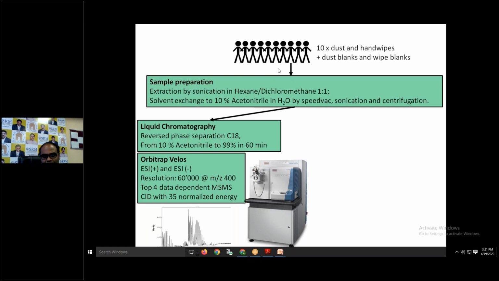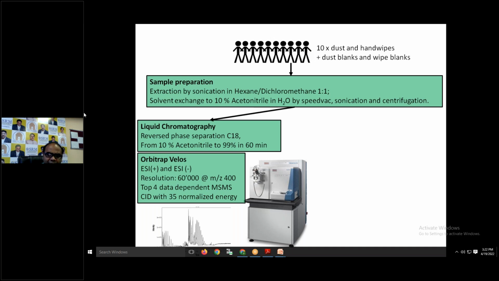They are inhaling, and whatever they are eliminating to the environment, we take that sample, maybe a saliva sample or sweat, or food exude, you can say.